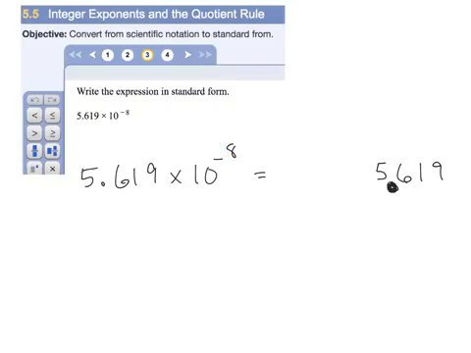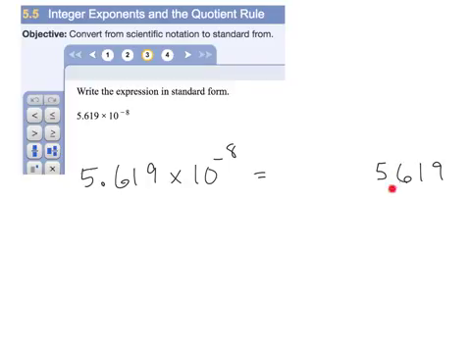So I'm going to take this decimal, and the way you make a number smaller is by moving the decimal to the left, because now you're making the number smaller. And I need to make it smaller by 8 place values. And since I run out of digits, I'm going to have to start adding zeros. So I'm going to take this decimal, and you know what, just get rid of it. We don't need it.